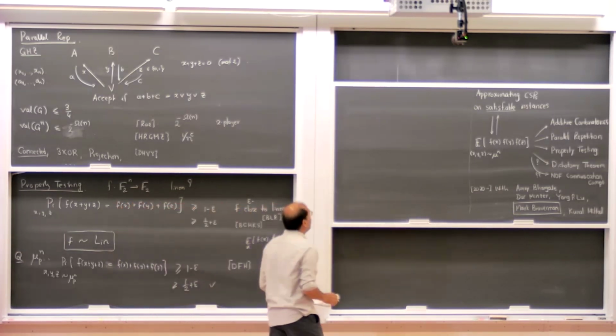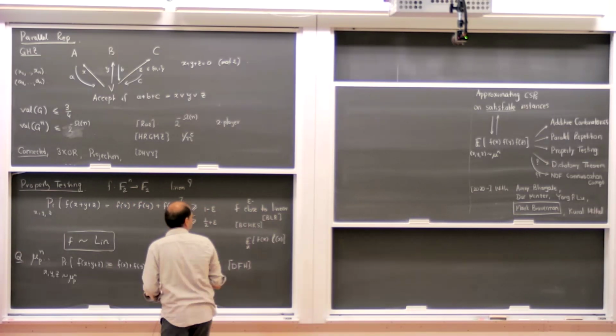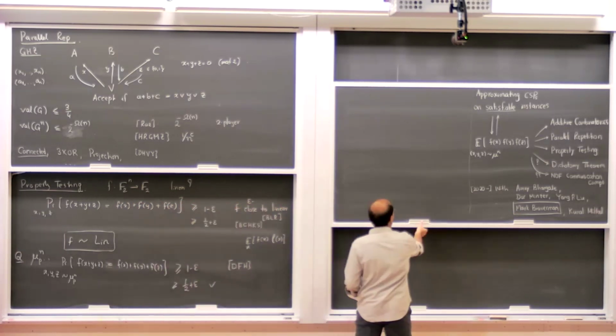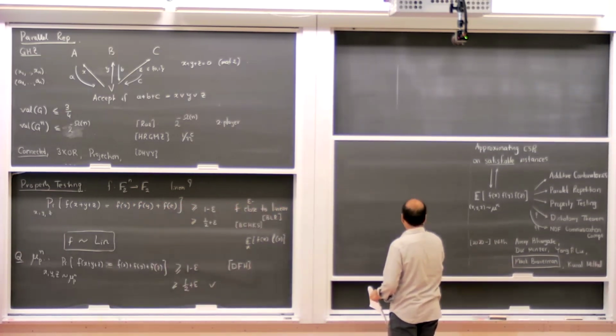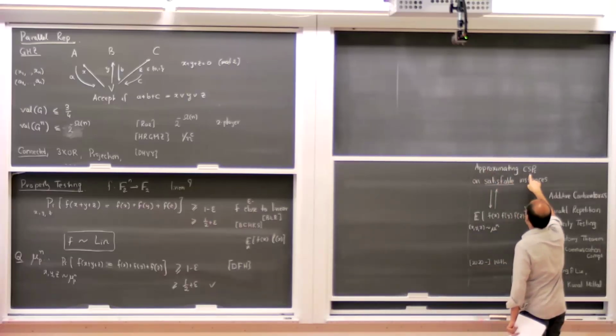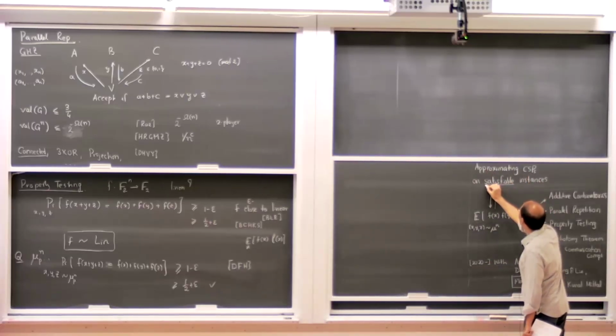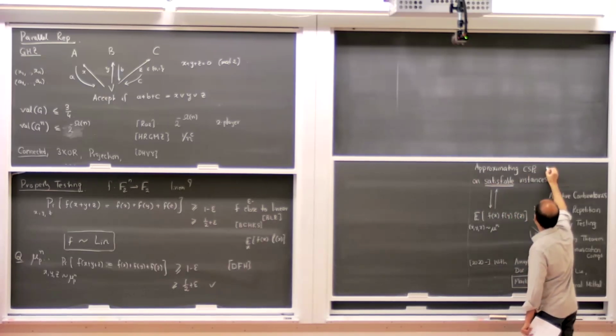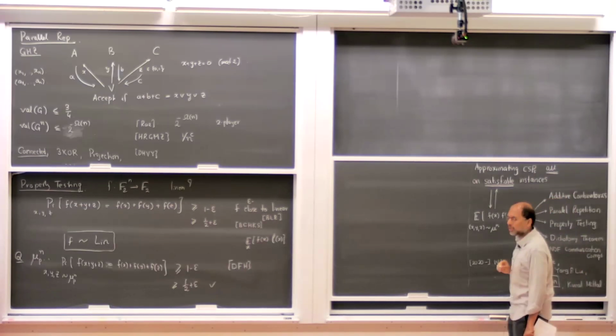All right, now the CSPs. I can continue here. So approximating CSPs on satisfiable instances. So there are 2 important ones, the satisfiable, and maybe I should have said approximating all CSPs on satisfiable instances.